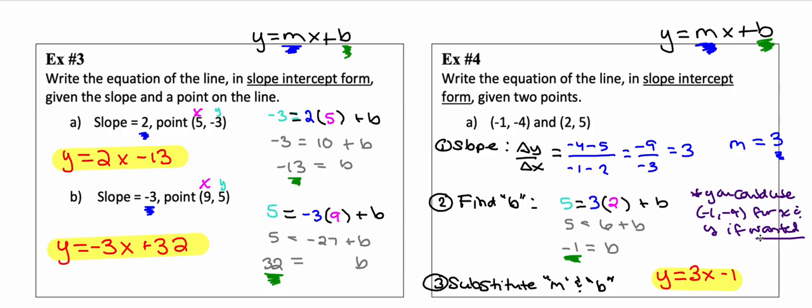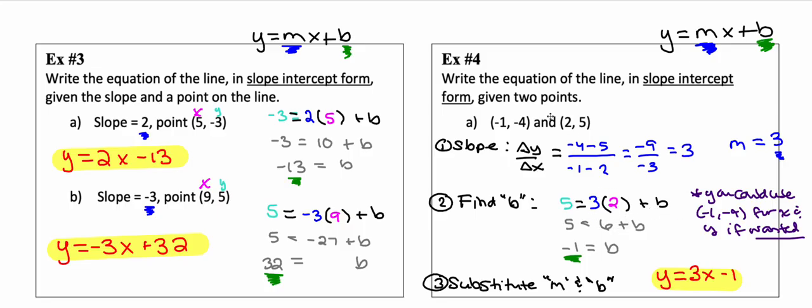One of the reasons why I chose to use 2, 5 was because both of those numbers were positive, so I did not have to deal with any negatives along the way. My answer for B became negative, and that's fine, but I did not have to actually use a negative minus something, so I was using positive numbers the entire time. So my mental math at 6 plus what gives me 5 was a little bit simpler to work with.